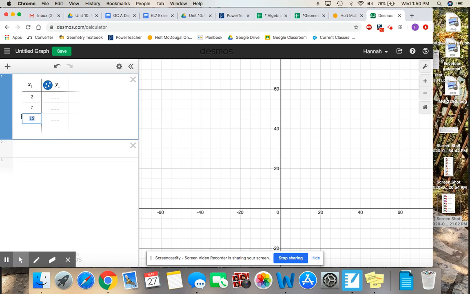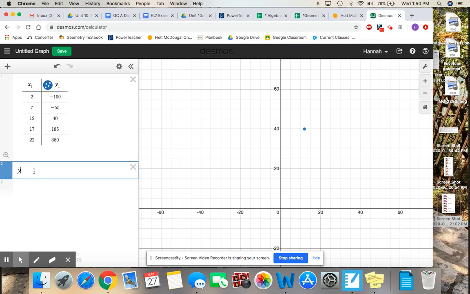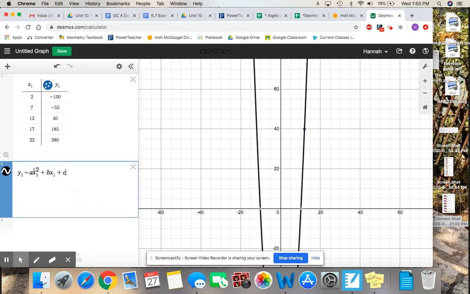So 2, 7, and -100. Right, and y1, squiggly line, a x1 squared plus bx plus c.